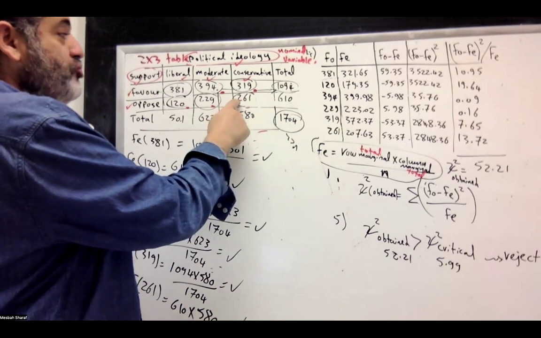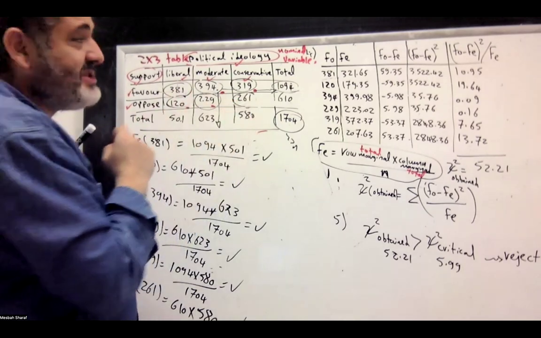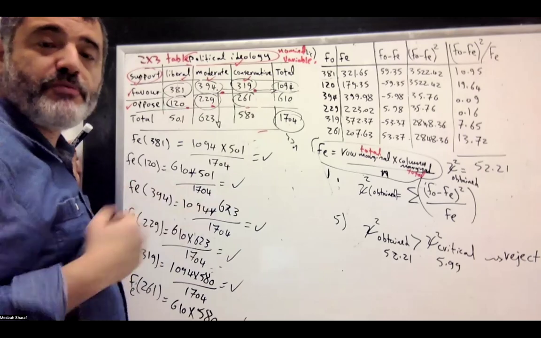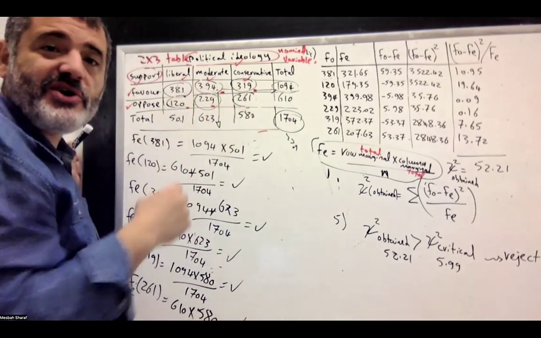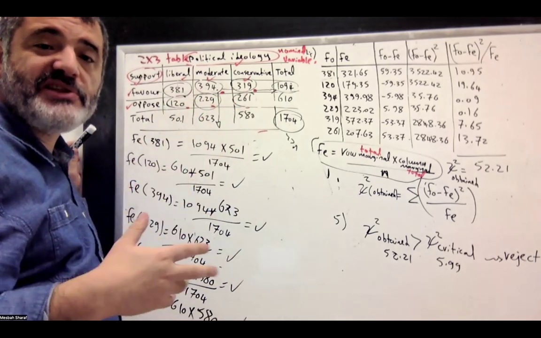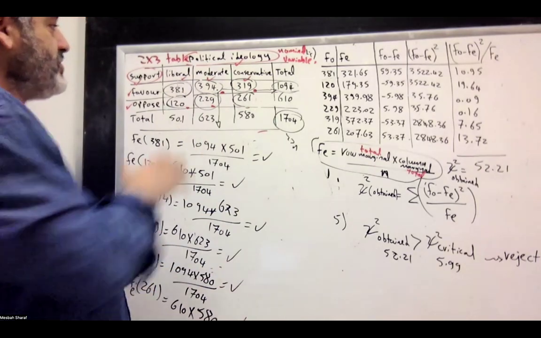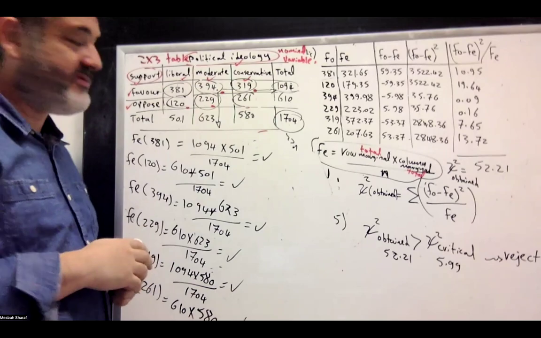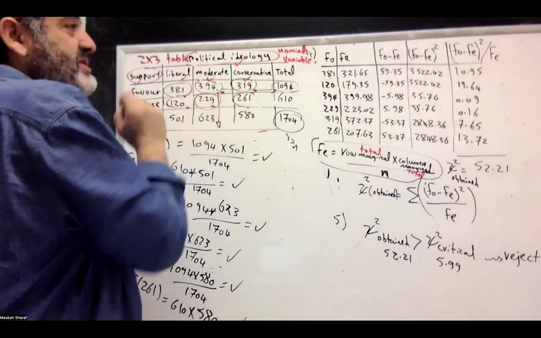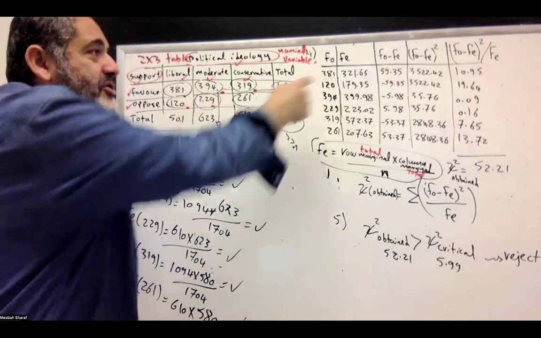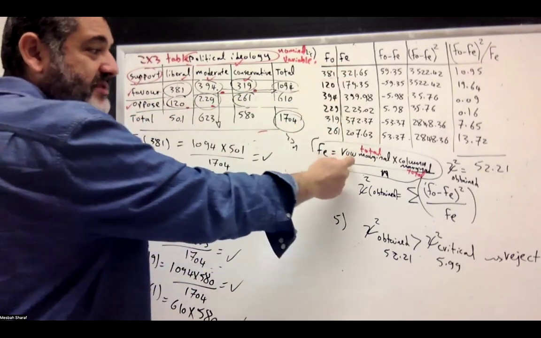We have 261 individuals who are conservative and oppose that proposal. So these numbers are frequencies, the number of individuals or cases. These are what we observe, the observed frequencies.